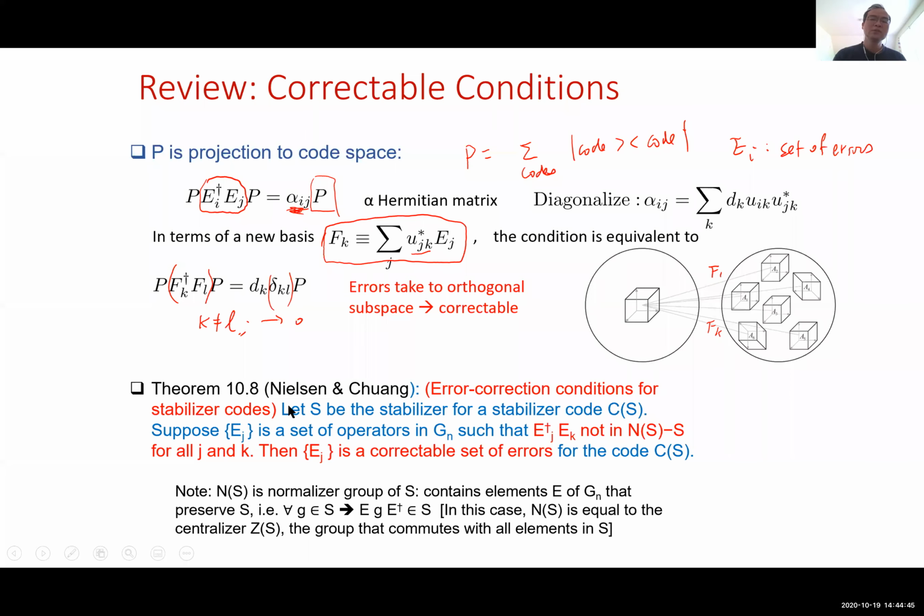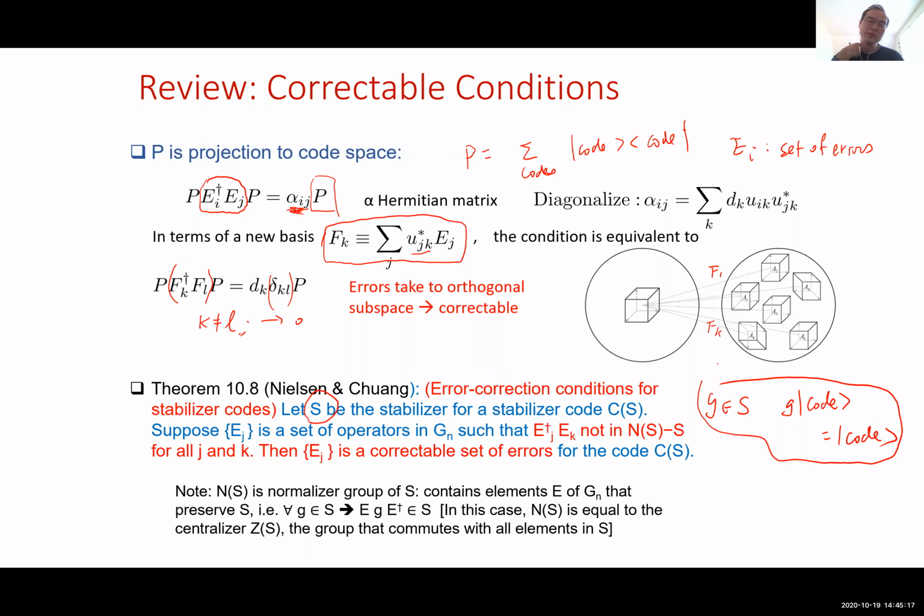These use the so-called stabilizer, and this is the group that contains elements in the Pauli group, and such that each element in S stabilizes the code. Okay, this is the definition of the stabilizer group.